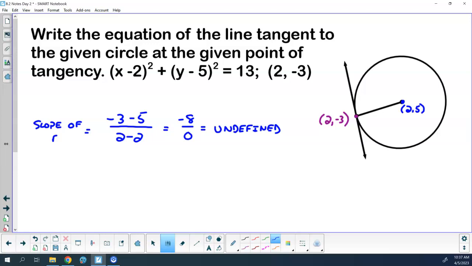Vertical lines, because they're all rise, no run. What kinds of lines are perpendicular to vertical lines? Y equals lines, horizontal lines. So I need a y equals some number line that goes through that point. That's going to be y equals negative 3.